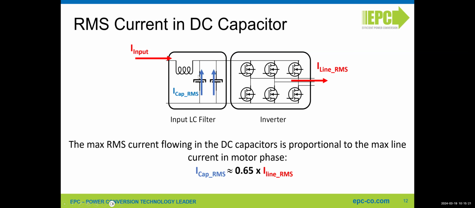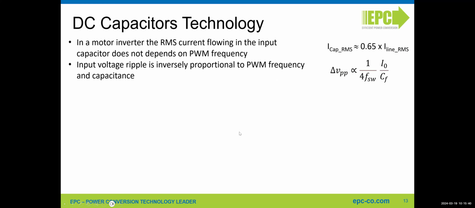So it is this current that dictates how many capacitors you have to put in parallel. It is not the ripple that dictates the capacitance, but the RMS current.